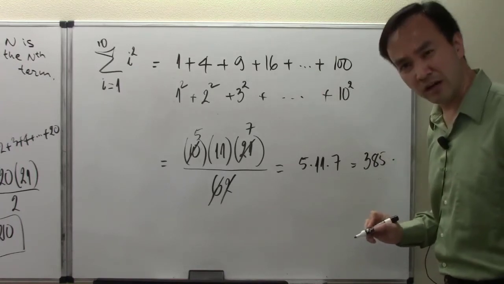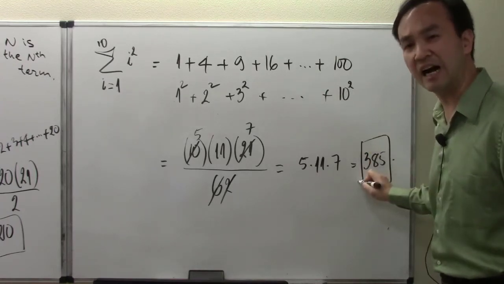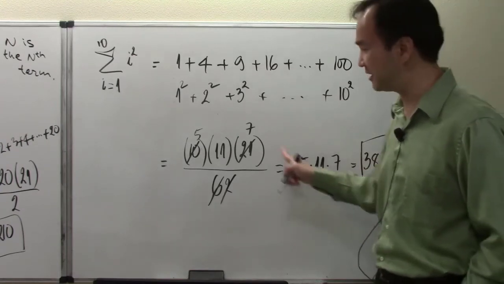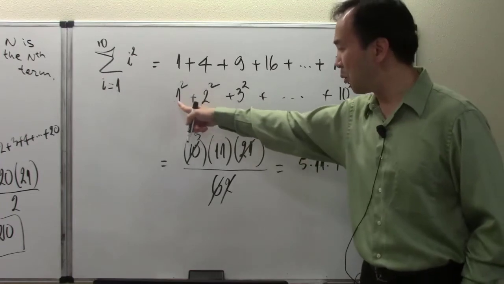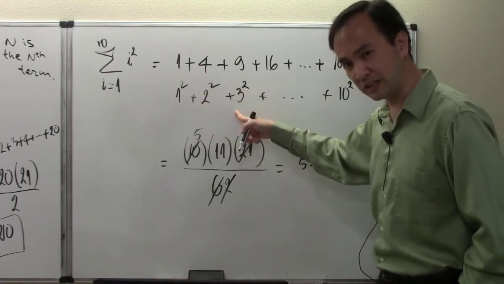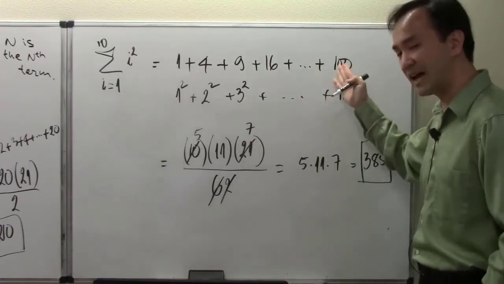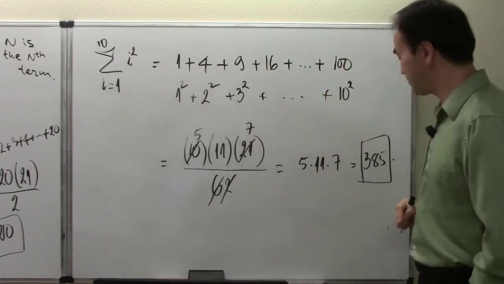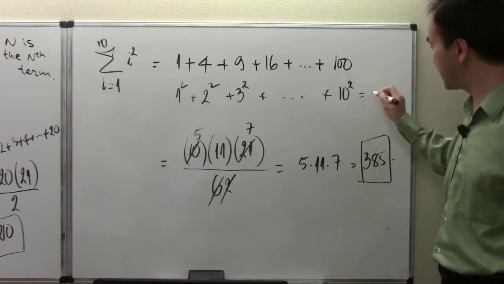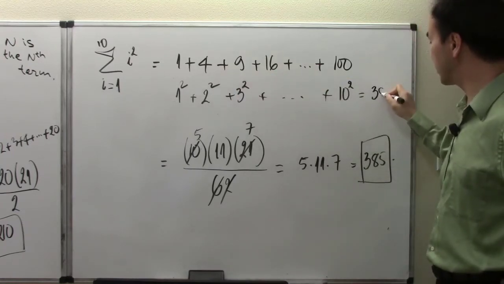I put in a lot of explanations through the steps, but I highly believe I'm still getting the final answer faster than whoever is going through 1 plus 4 equals 5, plus 9 equals 14, and so on until the last term being 100. So there you go. 385 is the exact answer to adding up all of these terms.